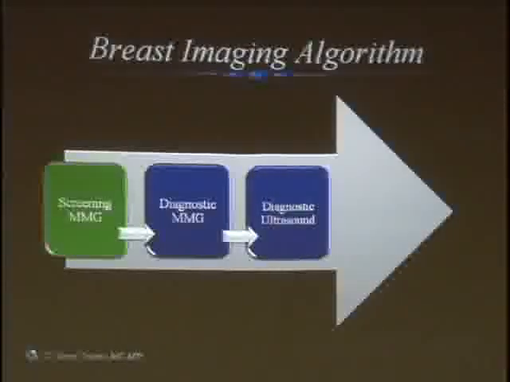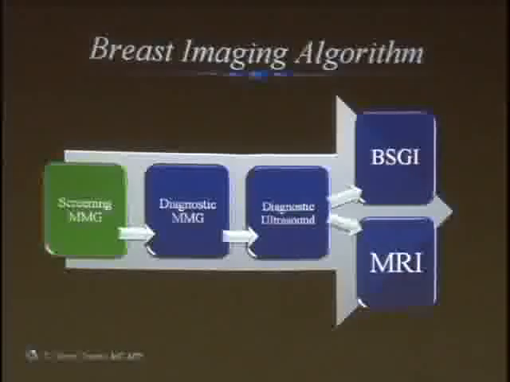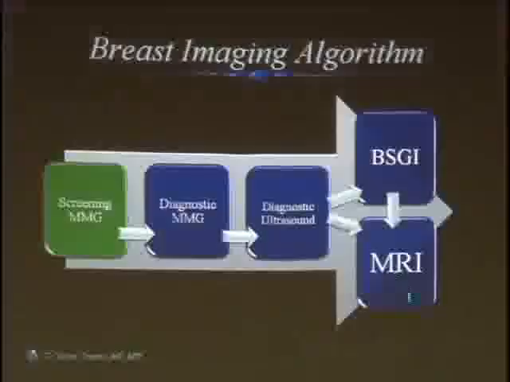You know that it does not go to a screening ultrasound, and you know why. And from there we can go to BSGI or MRI, and then sometimes when a BSGI is positive we go to an MRI to solve the problem. And we do it that way because this costs less than that, and this has many more strict entry criteria from insurance than that. And so sometimes we have to go that route, even though MRI would answer it right from the beginning. We have to go through those steps.